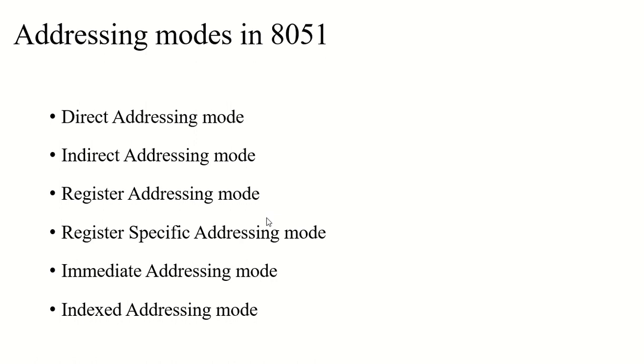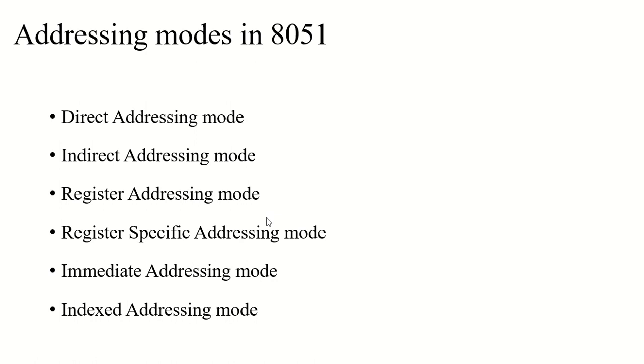When I write MOV A, #30h, it would immediately copy 30h to the accumulator. If I write MOV P1, #0FFh, then it would copy FFh immediately to port 1. If I write MOV DPTR, #1234h, then it would immediately copy 1234h to my data pointer. Understood? This is the simplest one, you don't have to do anything.